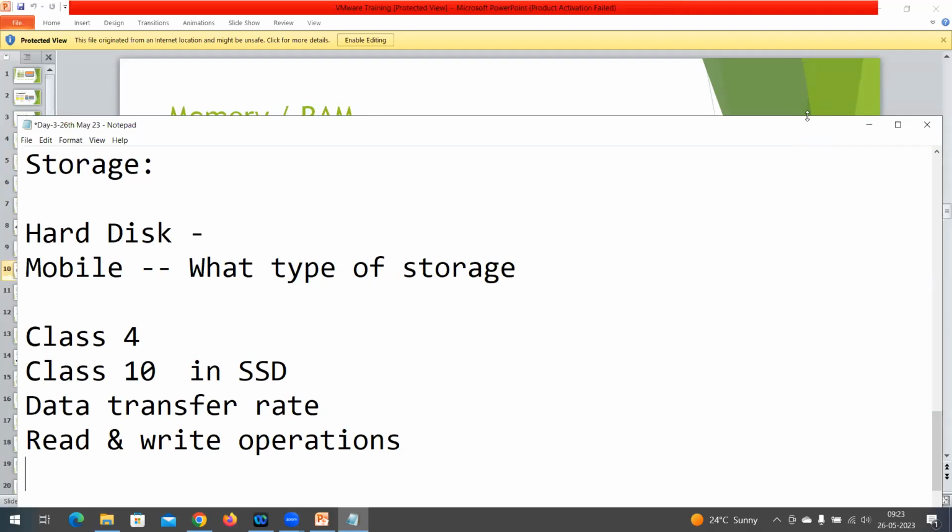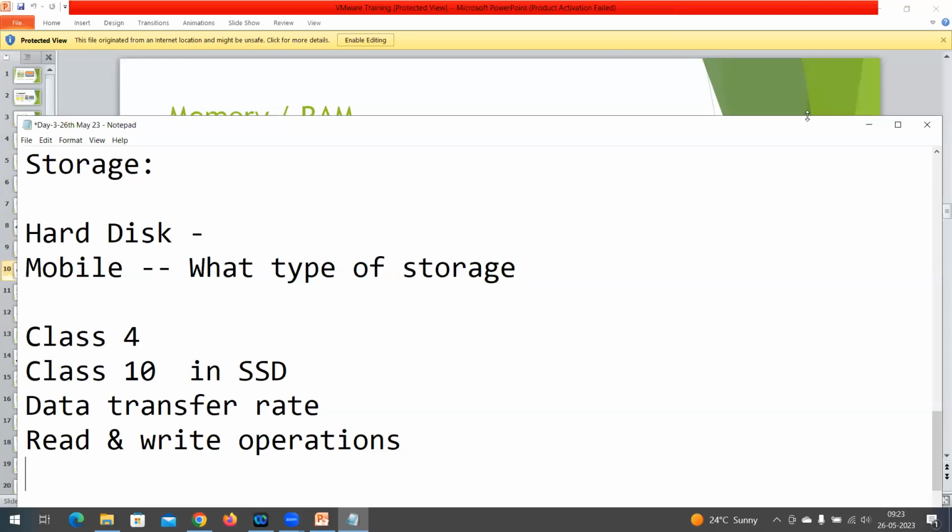Now we are talking about storage. If the storage doesn't have sufficient capacity and sufficient read and write operations, what will happen? Even if I have the highest capacity of CPU and memory, if my storage is not able to read as per the requirement, what is the use of having the highest configuration on the server?